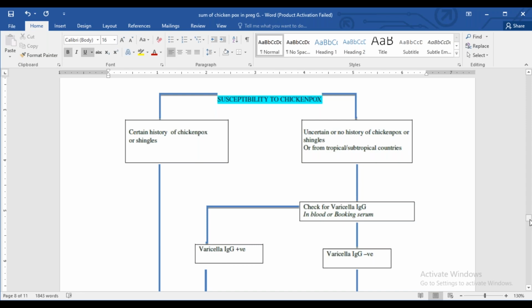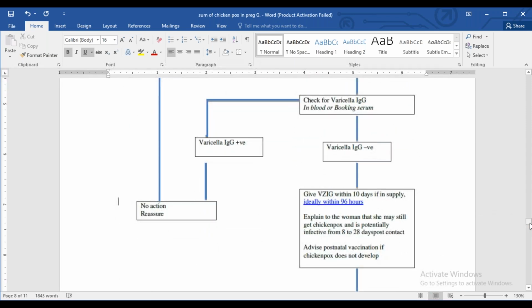Okay, but if she doesn't have antibodies and she's negative for IgG, you have to give her varicella zoster immunoglobulin, ideally within 96 hours, but we can still give it up to 10 days. Why? Because it still has some benefit and it helps to prevent fetal varicella syndrome, as we said before.